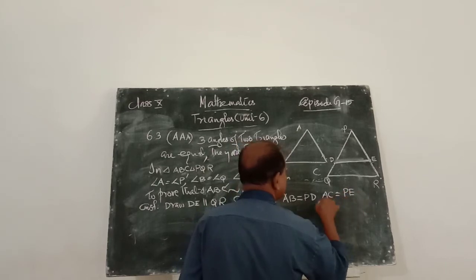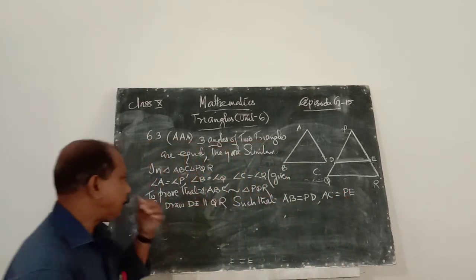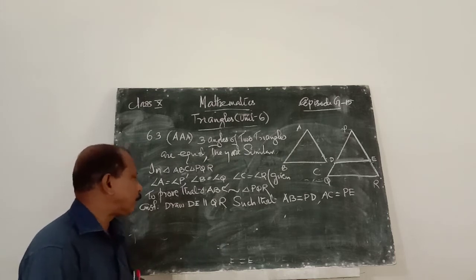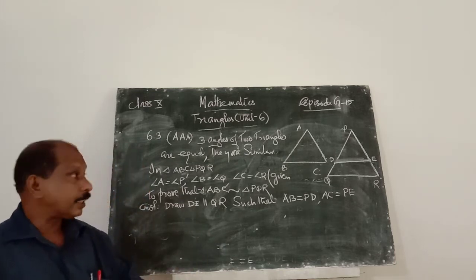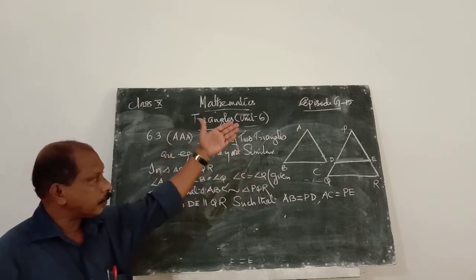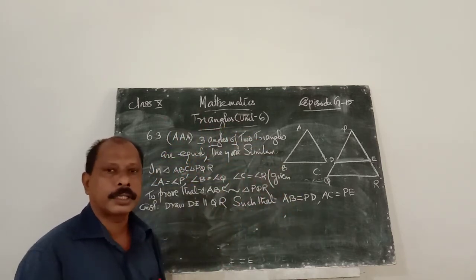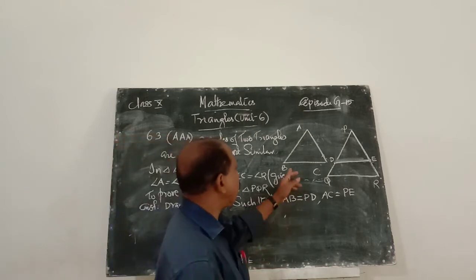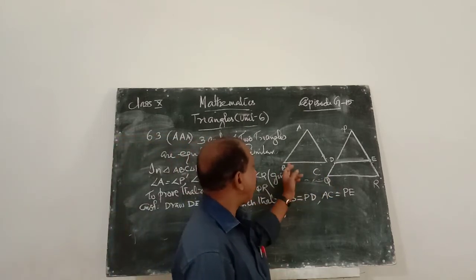That is our construction. That means construct DE parallel to QR such that AB is equal to PD and AC is equal to PE. Therefore, we know that these two lines are parallel.